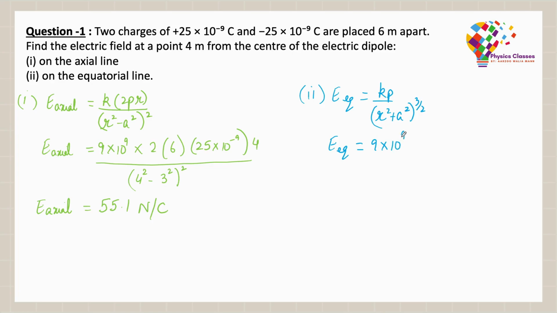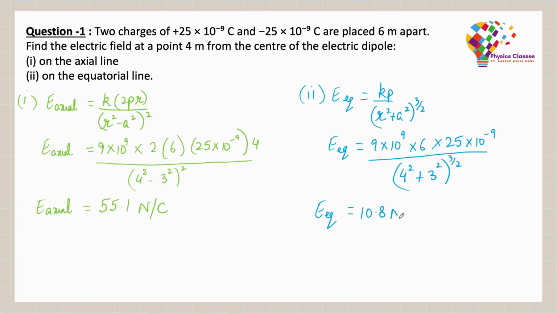For the dipole moment, I have to do 2A into Q. So 2A is given to me as 6 and Q is again 25 into 10 to the power minus 9, upon my R over here is 4, so 4 square, and A is 3, so 3 square, to the power 3 by 2. Now when I calculate this value, it comes out to be 10.8 newtons per coulomb.